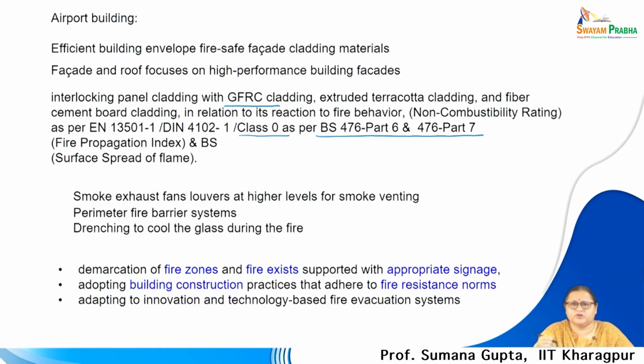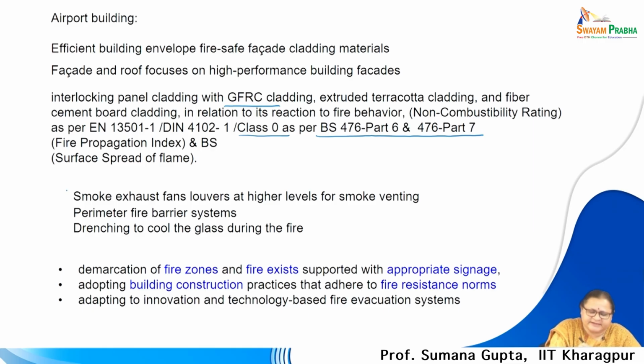And as I told you, the people on the air side cannot go to the city side. So, people will be panicked and it will be difficult for them to come out of that area, because already the boarding has happened, already the check-in has, they are in the security zone. So, they cannot go towards the other side.